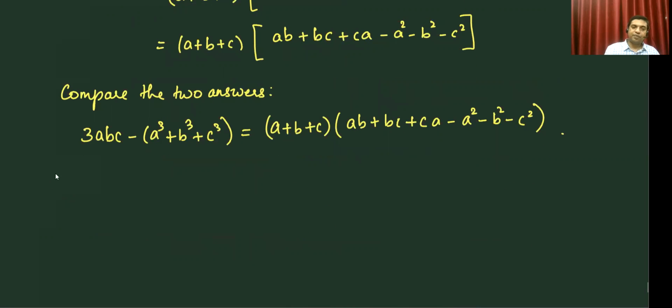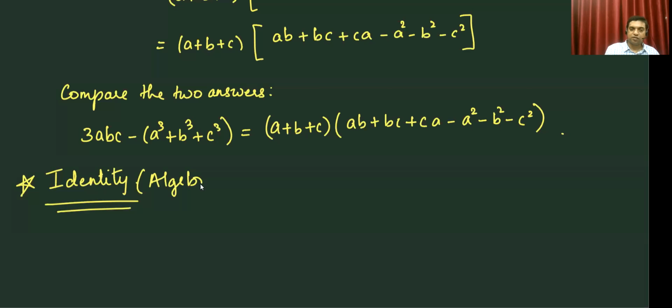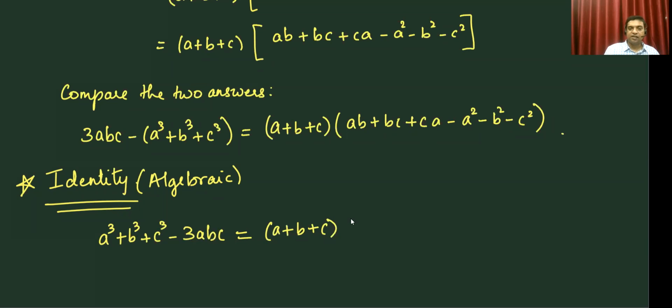Actually the identity is this, it's a standard algebraic identity. A cube plus B cube plus C cube minus 3ABC is A plus B plus C times A square plus B square plus C square minus AB minus BC minus CA. This is a very well-known identity.